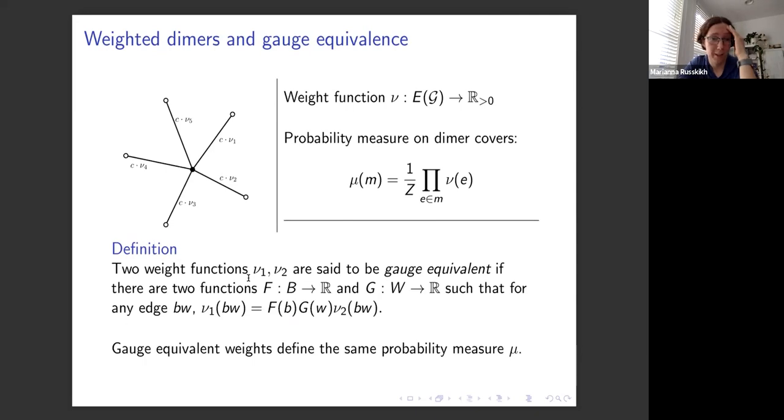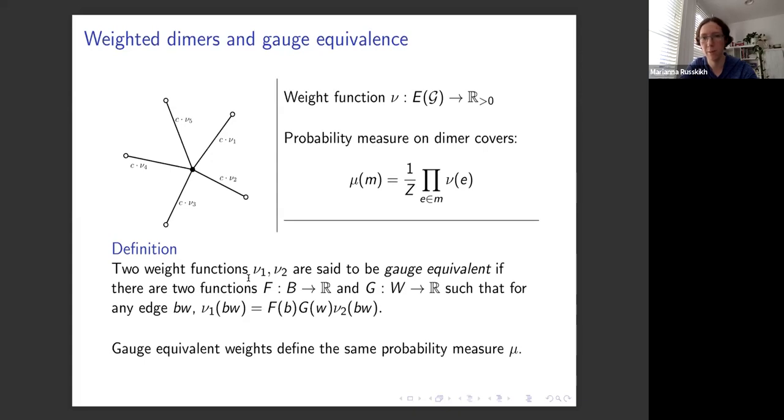Let me give you some basic definitions and facts. Just a reminder on the dimer model, which we need before I go to the new embeddings. So first of all, I said that we want to deal with weighted dimers on planar bipartite graphs.